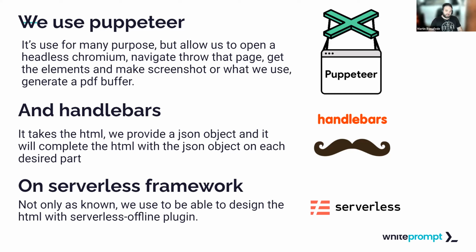The other thing that we use is Handlebars. Handlebars is used to compile HTML. You can set an HTML file, a Handlebars file, and put in JSON data that you pass to the compiler, and it will transform everything, so you will get a dynamic HTML.